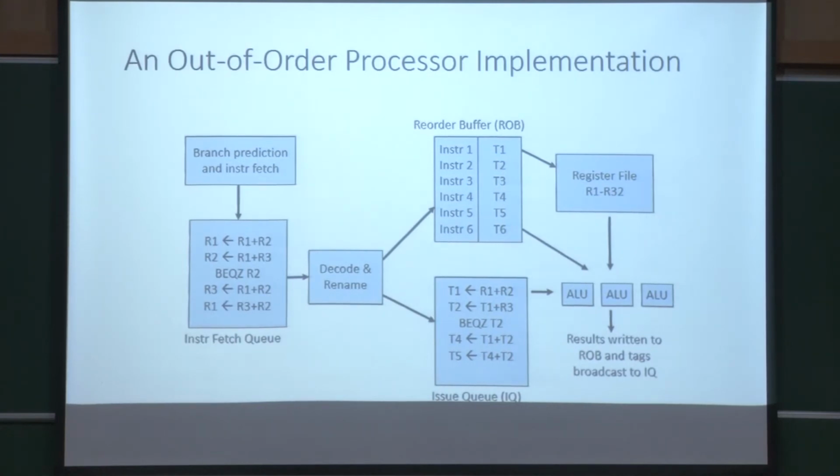So now you need to find a better implementation of executing this abstract notion of an out-of-order processor, but without committing the heinous crime of copying registers from T1 into R1 and T2 into R2 and so on every time you want to commit an instruction. How do you go about doing that?